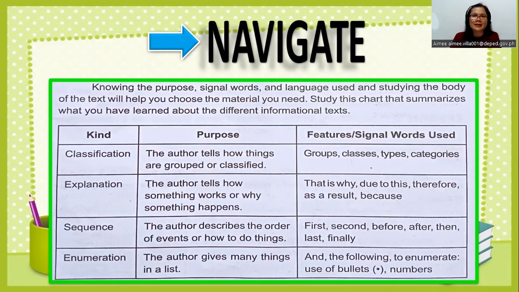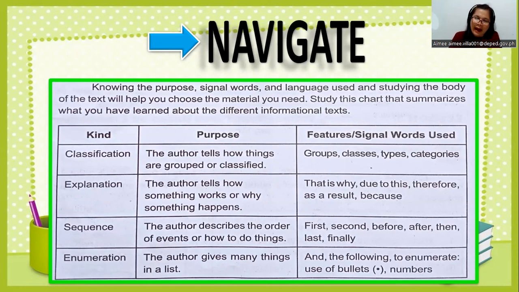For sequence, the author describes the order of events or how to do things. So we are using first, second, before, after, then, last, and finally. And for enumeration, the author gives many things in a list.